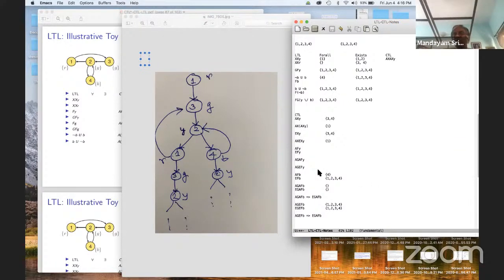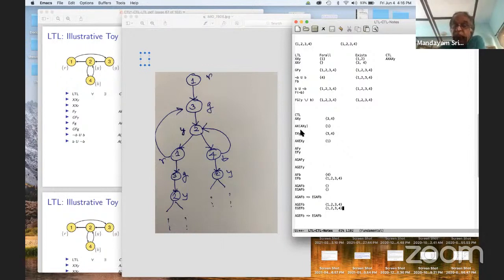So this kind of gives you an idea. In LTL model checking, you will have to look at paths. Whereas here you have to look at paths too, but there is a way to structure CTL model checking. Therefore, you can repeatedly solve the problem bottom up by looking at the tree of CTL formulas.